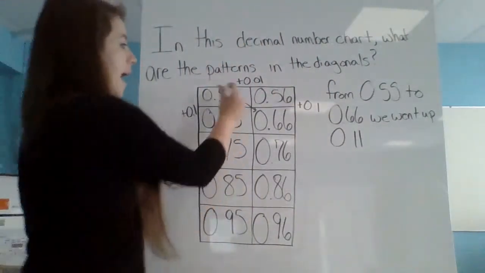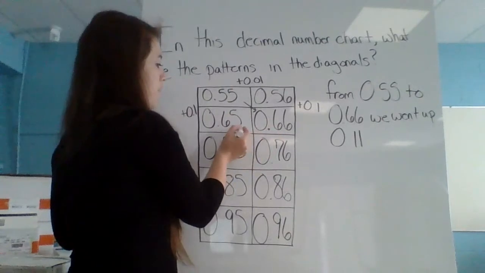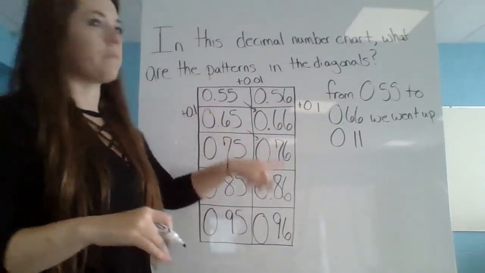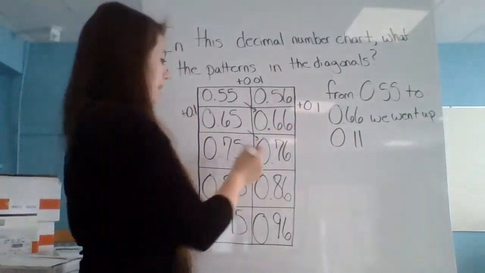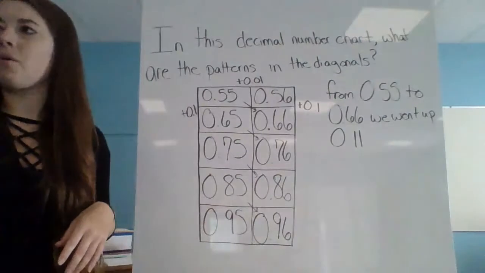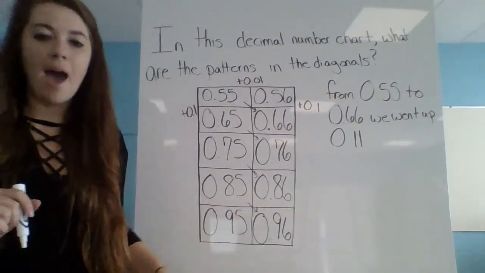So there's a pattern. If we start from this one, 65 hundredths, going from up to down, we end up going up 11 hundredths. So the same is going to be true here and then here as well. So that is the pattern that we're seeing there.